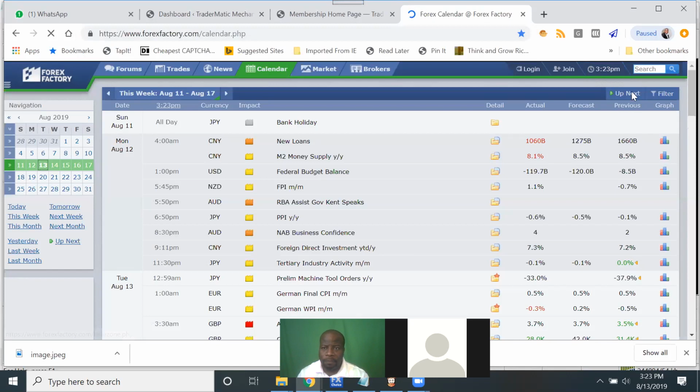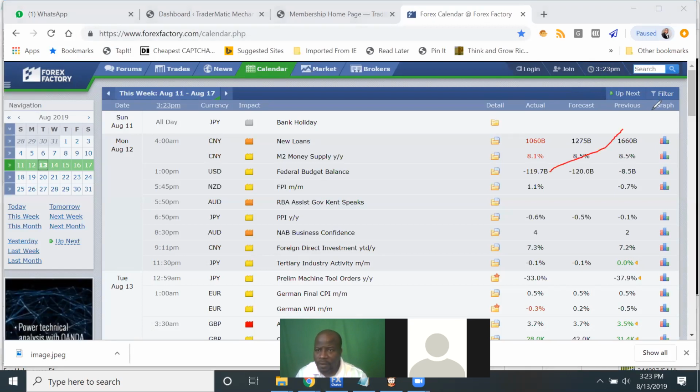Then the currency, you see this filter. Can you guys see that? Can you guys see this place right here? Okay, cool. So you click on that.